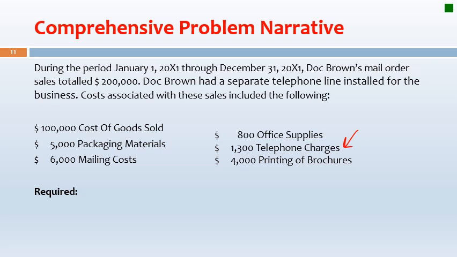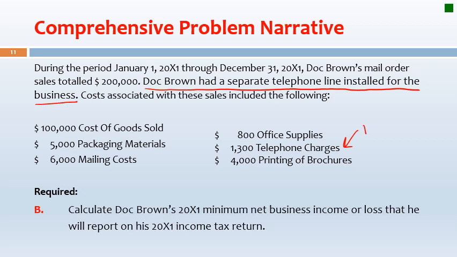But up in the narrative, we note that Doc Brown did have a separate telephone line installed for the business. So given that this is exclusively for the business, we can assume that we're taking as a deduction 100% of the charges. Everything else looks okay. Office supplies should be 100%. The brochures relate specifically to the business, mailing costs, and packaging materials. So let's go ahead and fill in the rest of our problem.